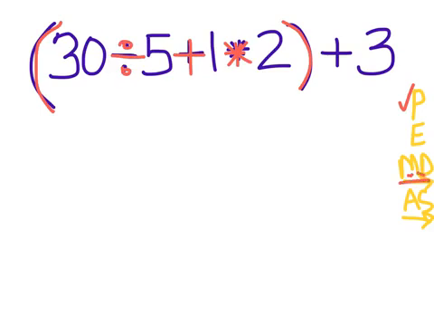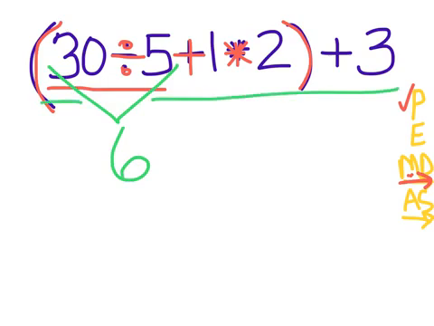Ooh, that was a mistake. I need to scan left to right. So as I'm scanning left to right, I see that this division is going to get to go first. I draw my caret and then rewrite every single thing that is outside of that caret directly underneath the original.